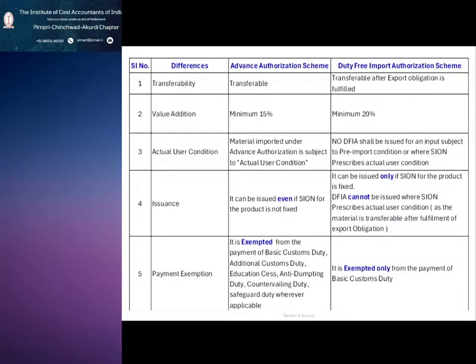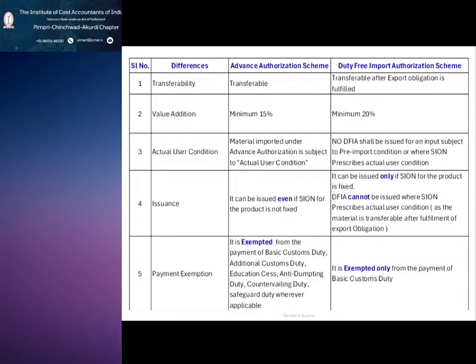The next difference is actual user condition. What is the difference between advance authorization and duty free? The material imported under advance authorization is subject to actual user condition. Yesterday we saw the meaning of actual user condition. What is actual user condition?